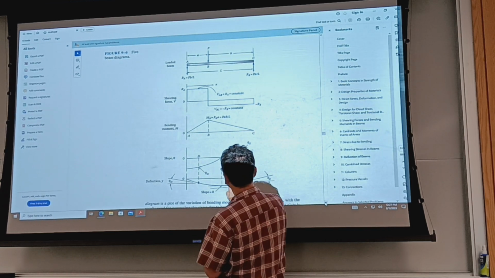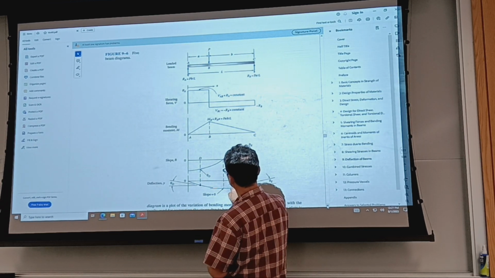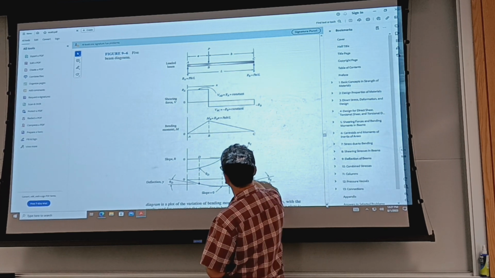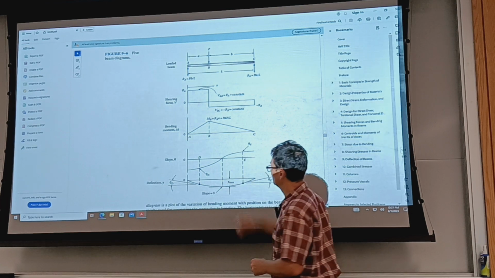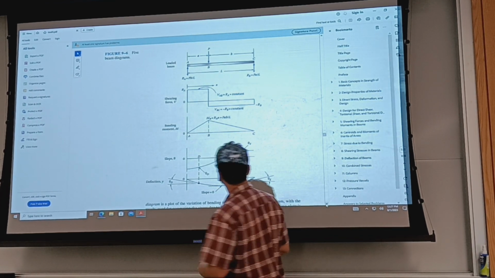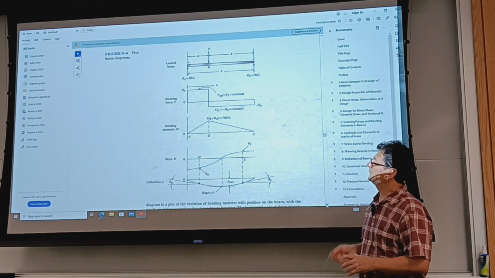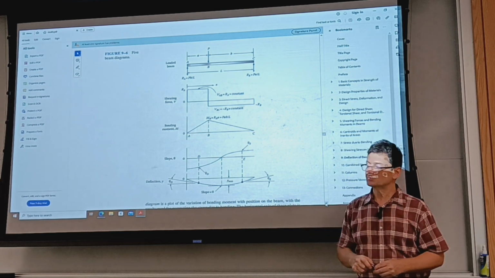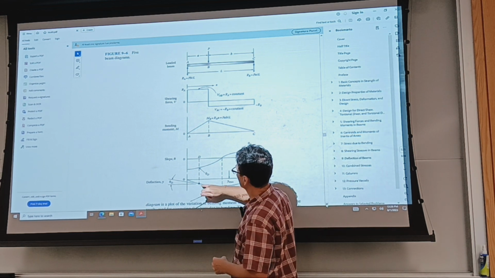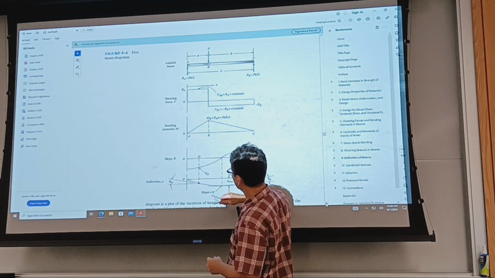Where the tangent to the neutral axis of the deflected beam is zero, I have a maximum deflection. Again, these are things that we know from calculus.